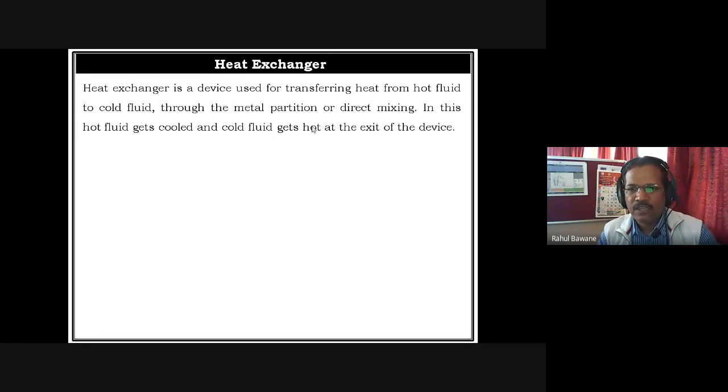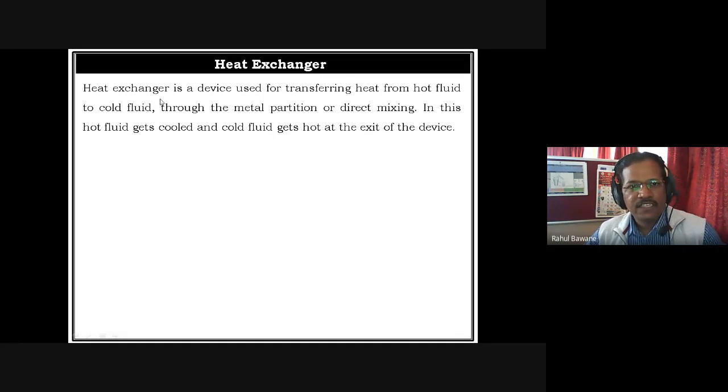The surrounding air comes in direct contact with the water, extracts the heat from the hot water, and the air gets lesser density and moves upward. Likewise, in a cooling tower we use surrounding air with direct mixing kind of heat exchange and cool down the water.